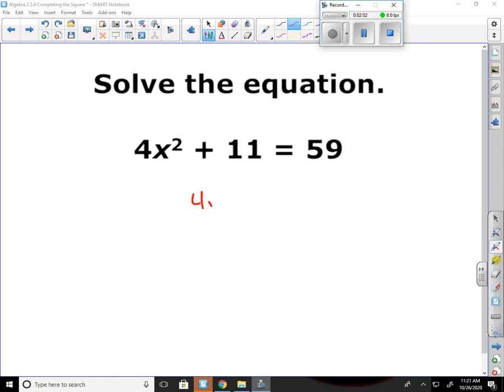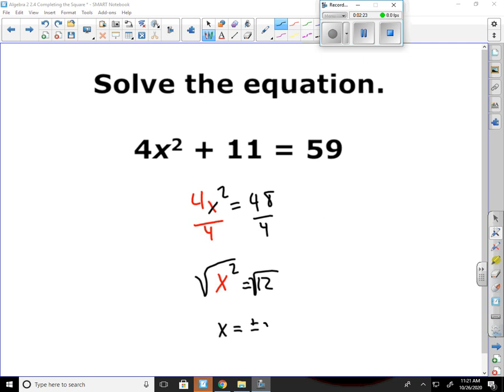That would give me 4x squared equals 48. Divide by 4 gives me x squared equals 12. Take the square root of both sides. Now it's going to give me x equals plus and minus the square root of 12.